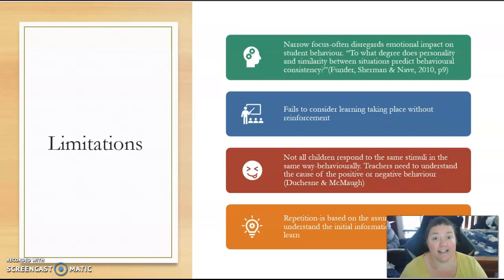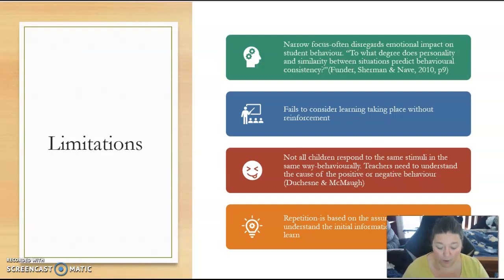While repetition-based tasks within the classroom is an effective tool, it's also based on the assumption that students understand that initial information. So they are required to learn, and this is where repetition-based tasks can be both a strength and a limitation.